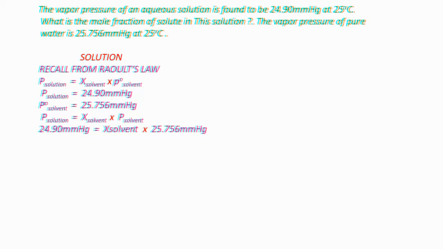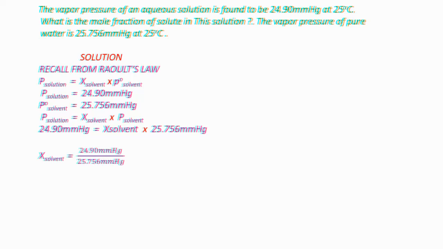So when you divide both sides by that, 25.756 millimeter of mercury will cancel out. So you have X solvent equal to 24.90 millimeter of mercury all over 25.756 millimeter of mercury. Now millimeter of mercury will cancel out with millimeter of mercury.